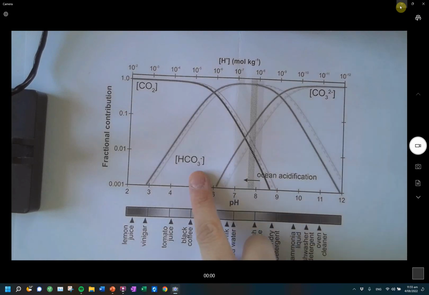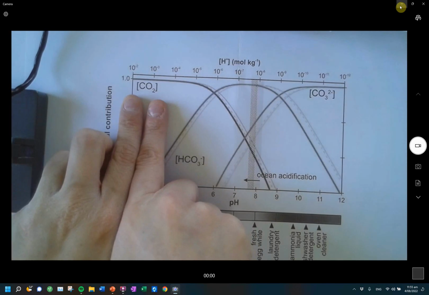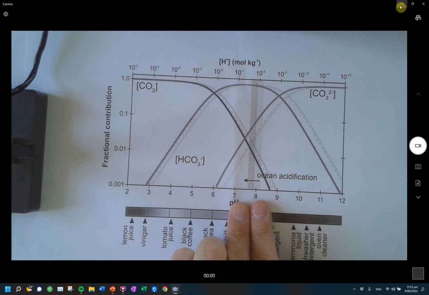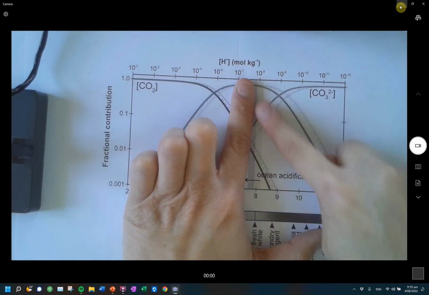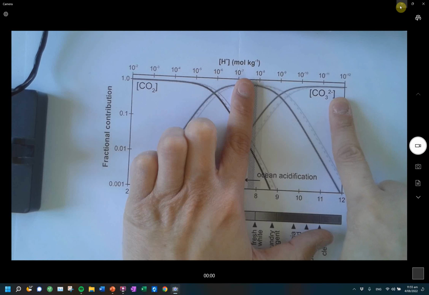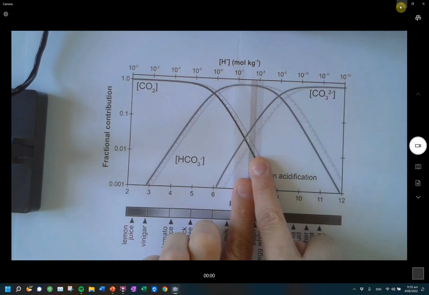So you'll have the carbonate, the bicarbonate, and the carbon dioxide. Our ocean is normally around 8, and from 8, this is what our ratios look like for carbonate, bicarbonate, and then carbon dioxide.